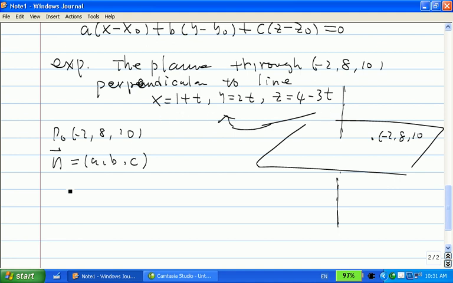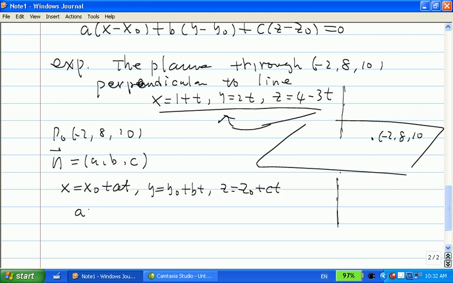Remember, for the equation of a line, you always try to compare with the standard form, z equal to z0 plus ct. So for this line, my a equals what? 1, right? B is 2. C is -3. So the vector is 1, 2, and -3.